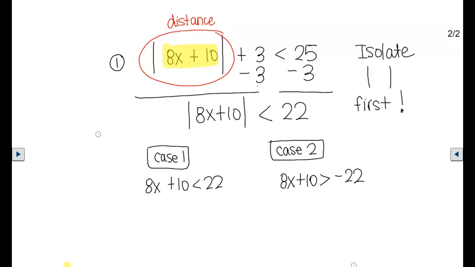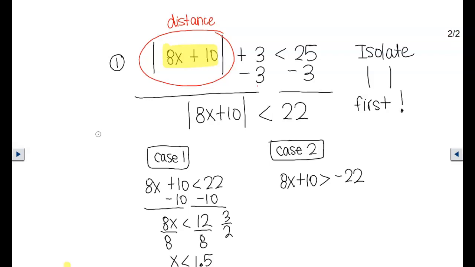Now we solve. So over here, to get x by itself, we would first of all subtract 10. That gives us 8x is less than 12. Then we will divide each side by a positive 8, which will give us x is less than, let's see, that would be 3 over 2. So you could put 1.5 for that. So x has to be less than 1.5, or you can put the fraction 3/2.